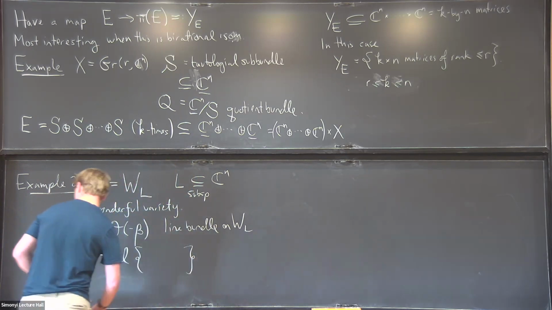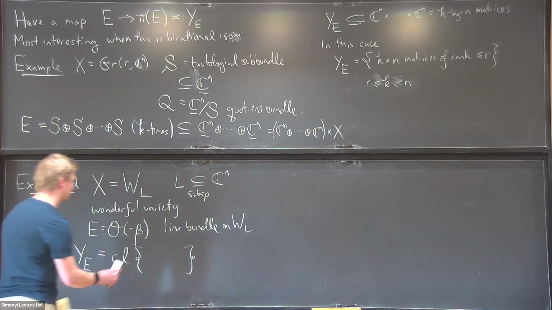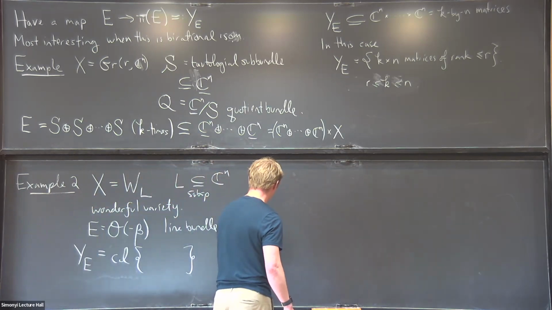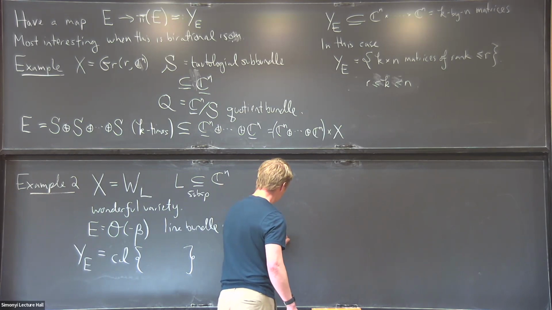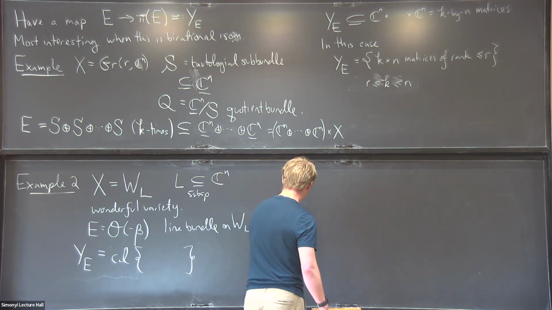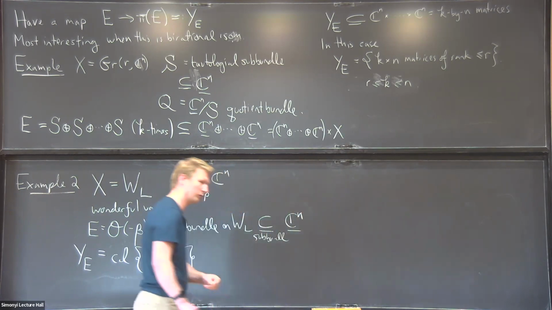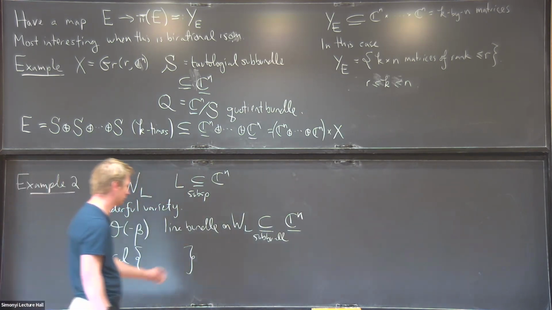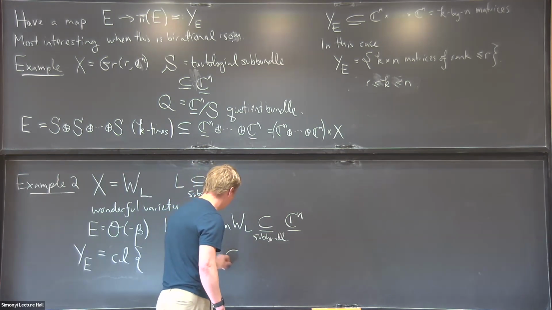Oh, I meant to say that this is a subbundle of CN, the trivial bundle, so whatever the collapsed thing is going to be, it's going to be some affine variety in CN.